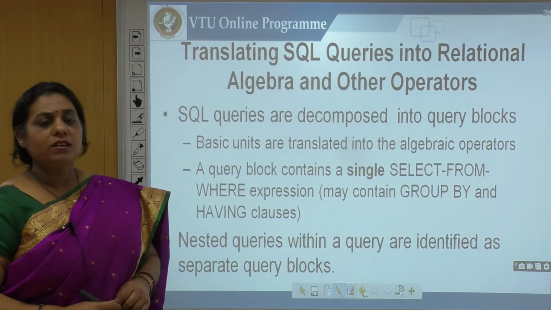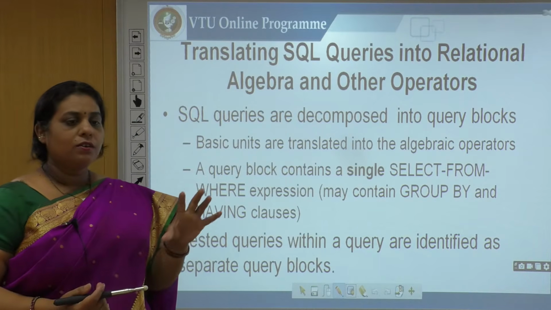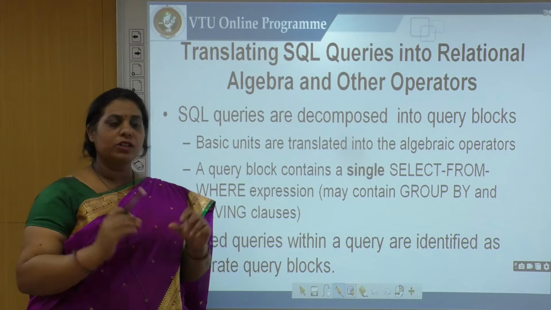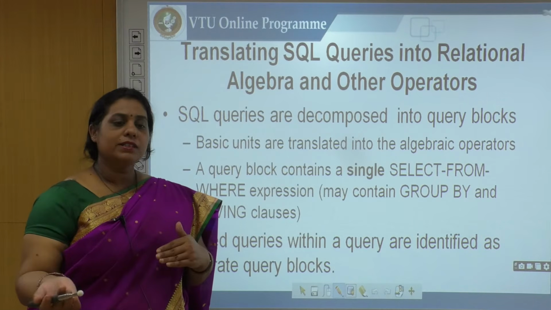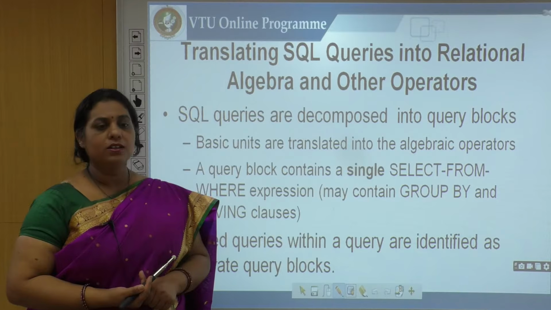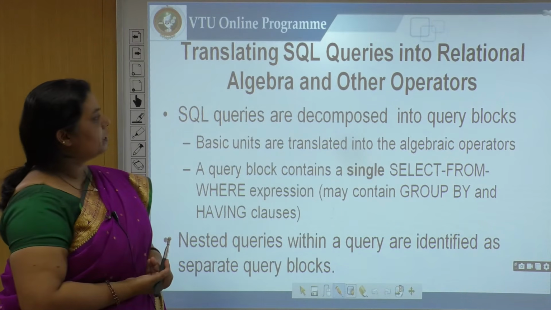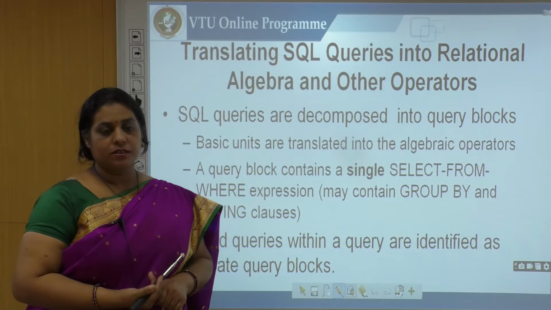When the SQL query is to be processed, what is required is we will split the given SQL query into smaller blocks which we can handle independently. They are translated into the algebraic operators, right? So we are translating the SQL queries into relational algebra and other operators.